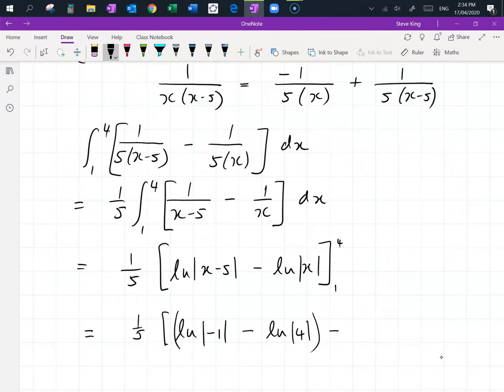And from that, I'm going to take away the ln of 1 minus 5, that's going to be minus 4, minus the ln of 1.